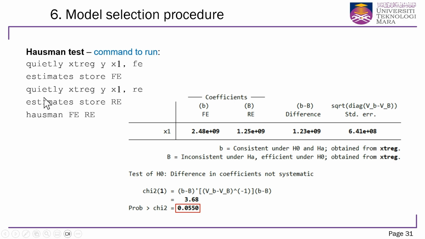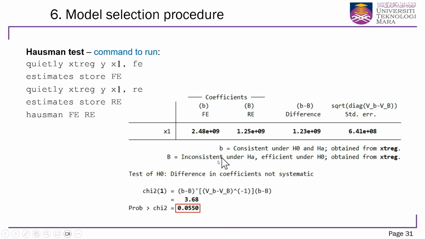So we repeat the command for the random effect estimation and save the result as RE. And finally, we write hausman FE RE. Remember, the sequence must be like this. We start with fixed effect estimation, save the results, then random effect estimation, again save the result for the random effect, and the Hausman test command.